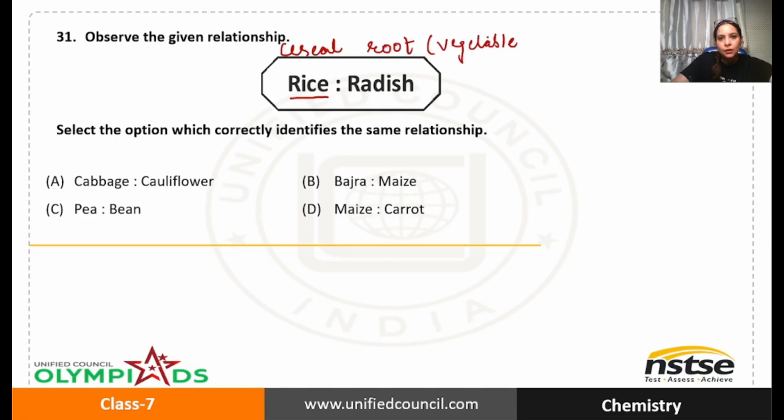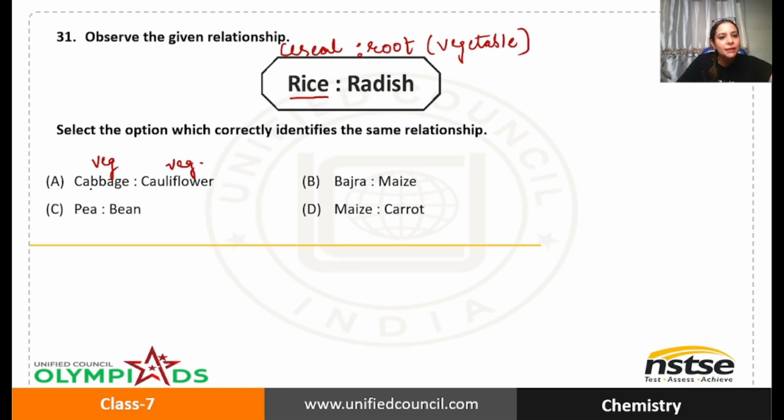We don't know which relationship we have to use. So cereal, radish obtained from the root, and it's a vegetable. Now select the option which correctly identifies the same relationship. Maybe cereal to root or cereal to vegetable. Let's look at it. Option A says cabbage and cauliflower. Both of them are vegetables.